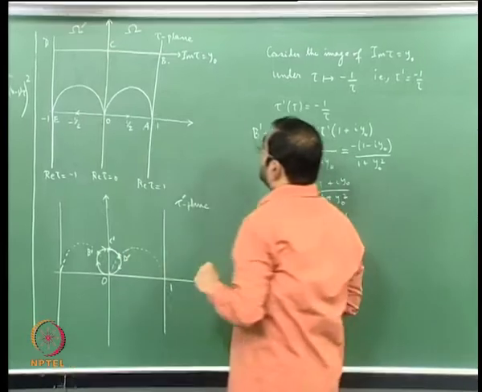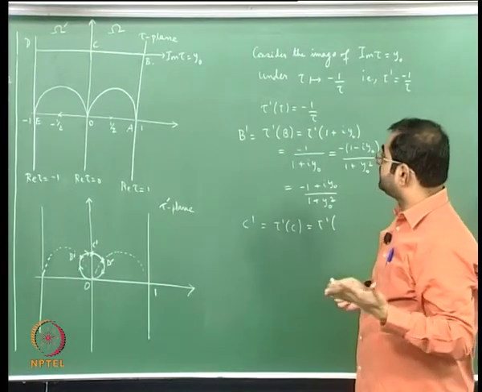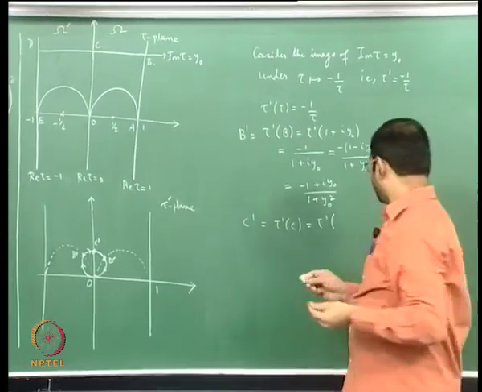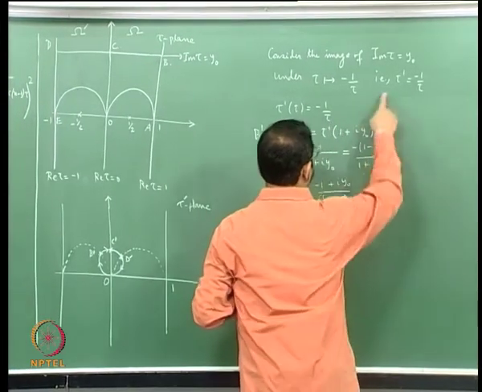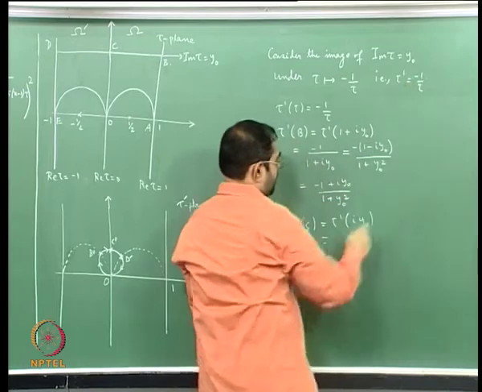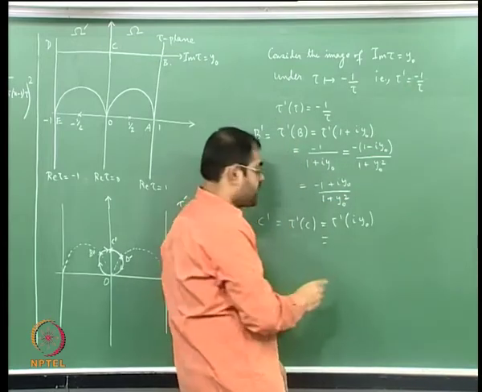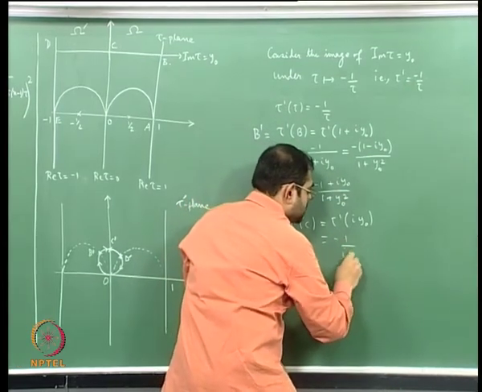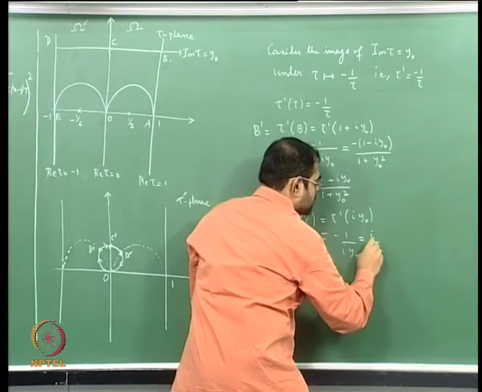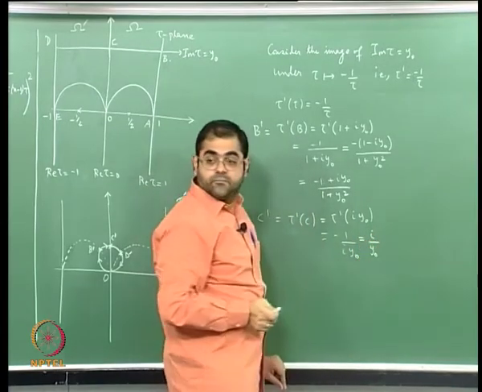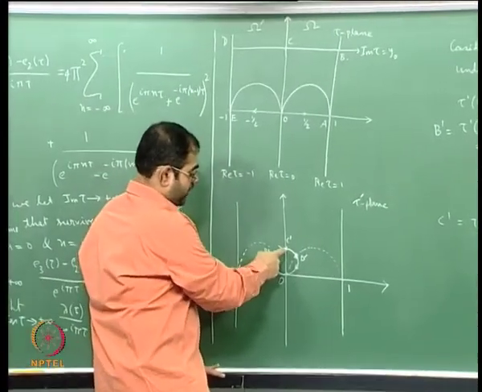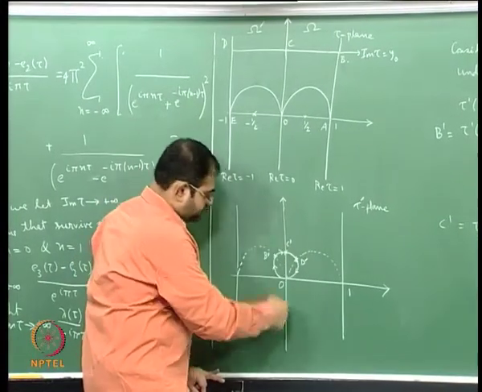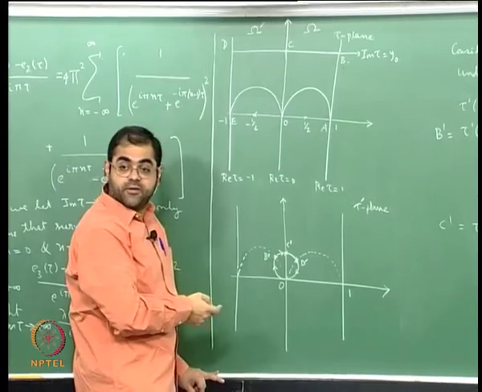C is just I y naught, so it's going to be tau prime of I y naught, but tau prime of tau is supposed to be -1 by tau, alright, so I'll get -1 by I y naught, and so I'm going to get I by y naught. So C prime will be this point on the imaginary axis, I by y naught, okay.